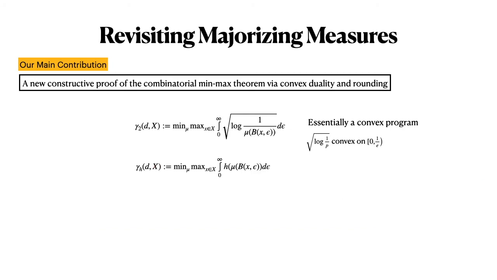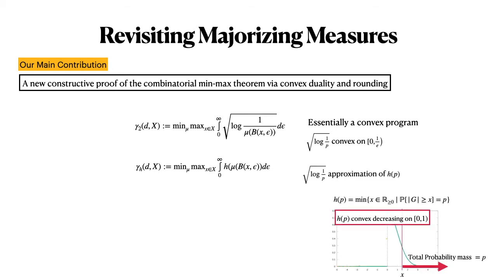So let me tell you now how to fix this annoying technical issue that this is not exactly a convex program. For this, let me replace the root log 1 over p with another function h. One has to remember that root log 1 over p was just the approximation of the Gaussian tail, where we use the simple tail bound of e to the minus t squared. But instead of that, one can use the Gaussian tail itself. So one can define h of p to be the minimum x such that the probability mass of the Gaussian tail is exactly p at that point.